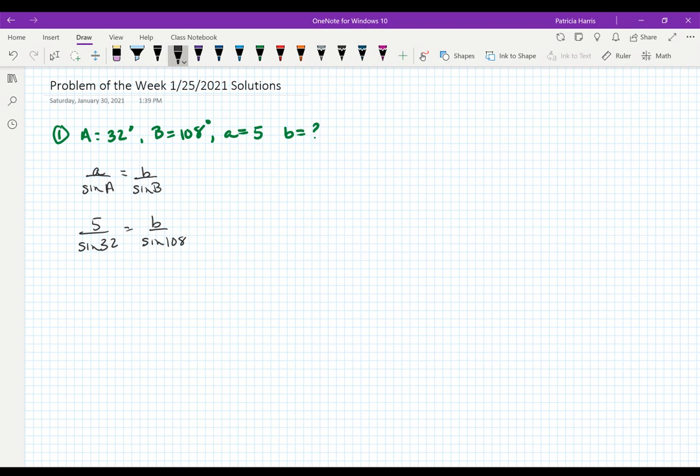That tells me I'm not going to use inverse sine. So cross multiply. I get 5 sine 108 is equal to b times sine 32 degrees. Now we're going to divide both sides by sine 32.